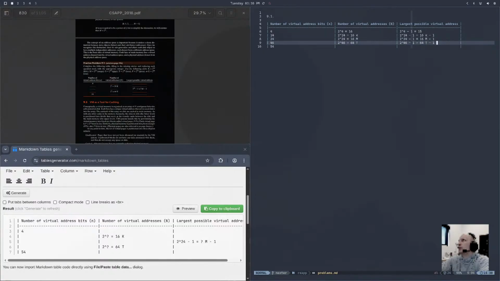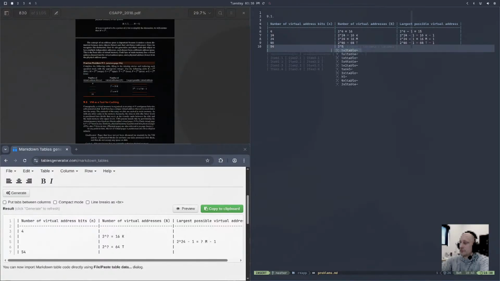And then here we got 54 bits, so 2 to the power of 54, which is equal to peta. And it'd be 16 petabytes.